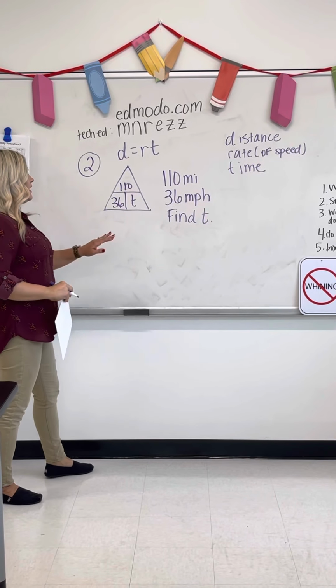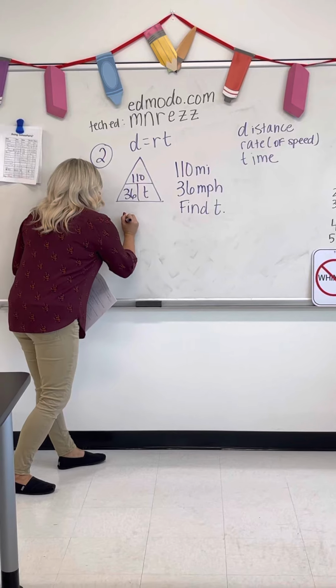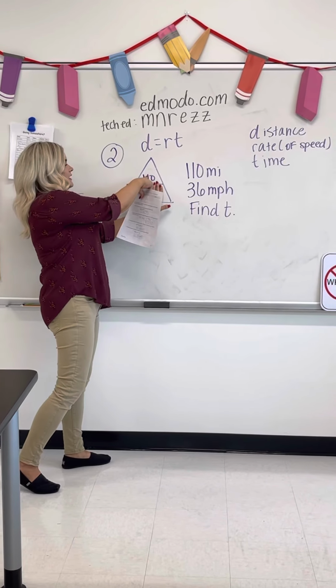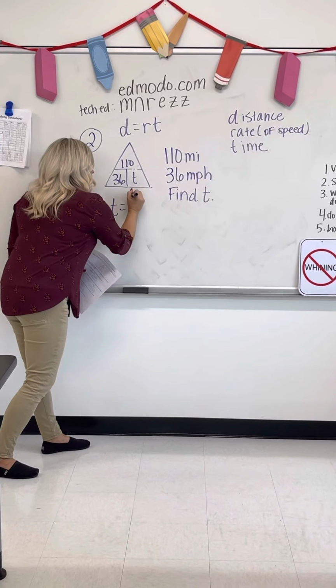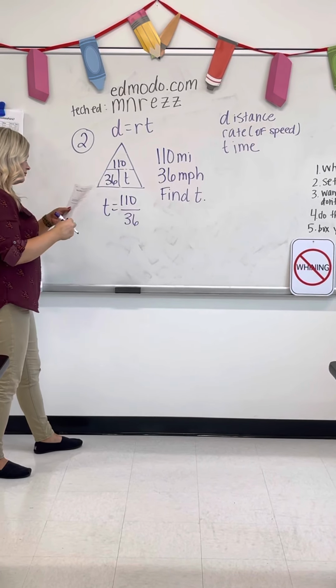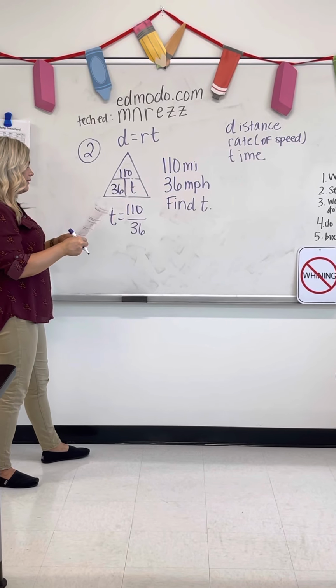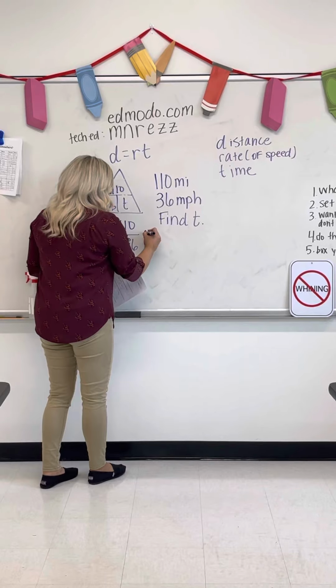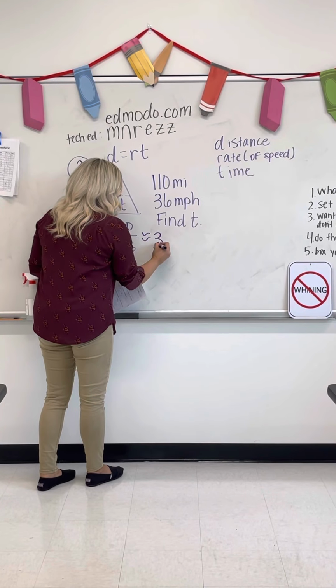Okay, so then we're looking for T, so T equals, cover up the T, and we're left with 110 over 36. I can plug that into a calculator, and I'll come up with a number with a decimal, but it's going to be equal to about 3.